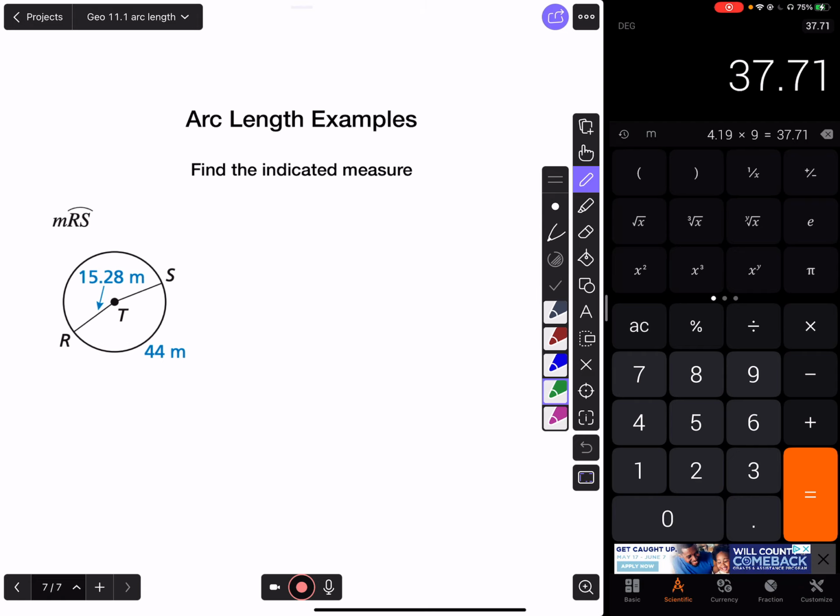And our last one. Let's see, find the measure of RS. And notice how this is marked. That means this angle right here. Okay, so that's only part of it. So I'm trying to find the measure of RS.